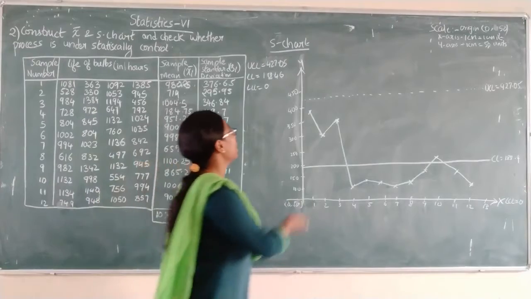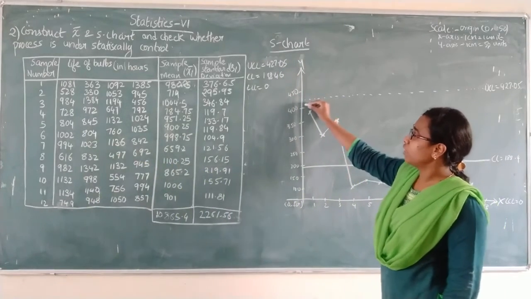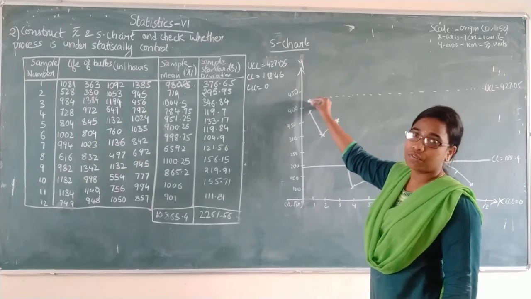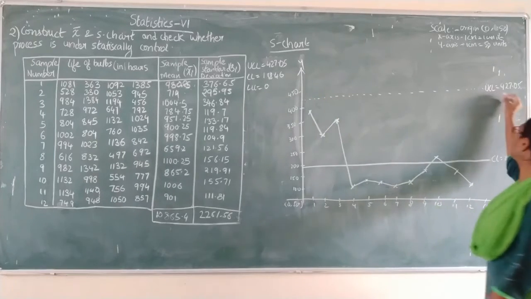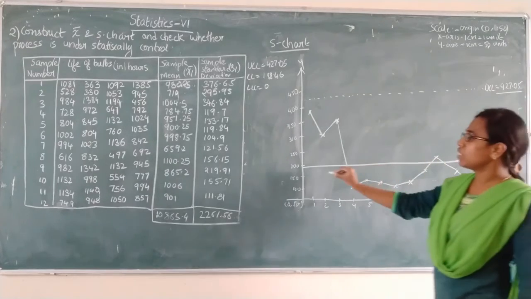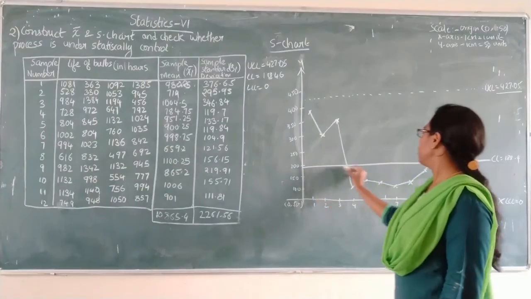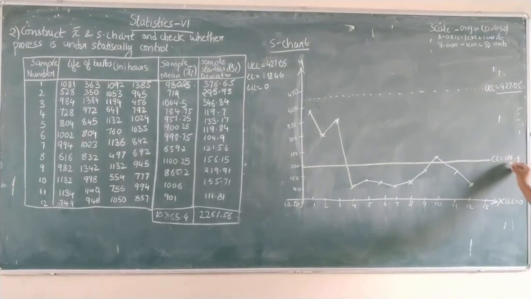Now plot the UCL value. The first UCL value is 427, so it is in between 400 and 450. UCL equals 427.05, I have to write here. Next coming to the CL, it is 188, that is near to 200. You will be writing here CL equals 188.46.